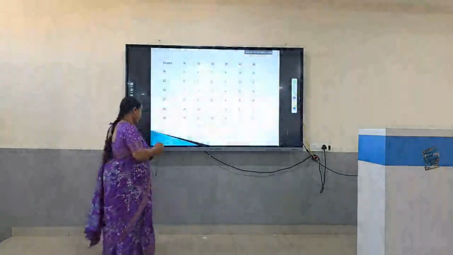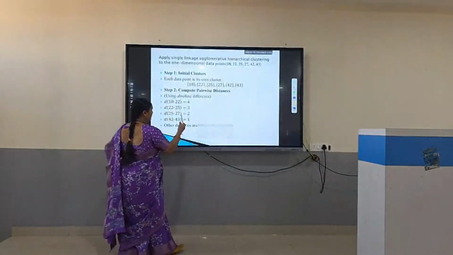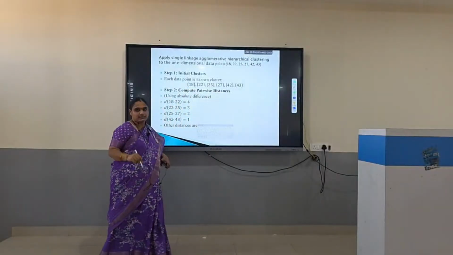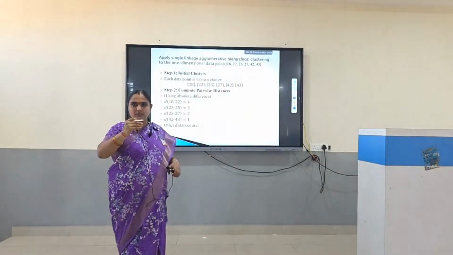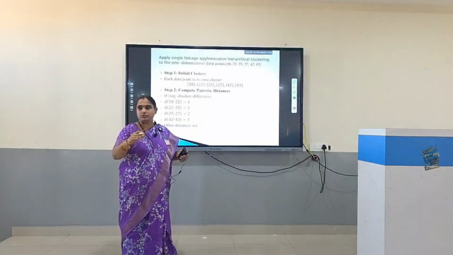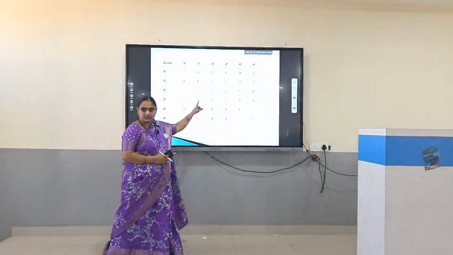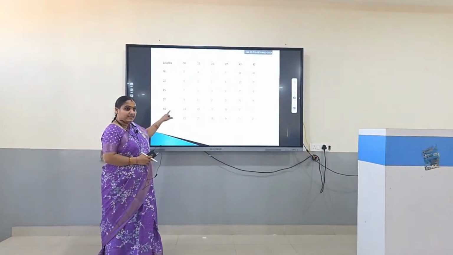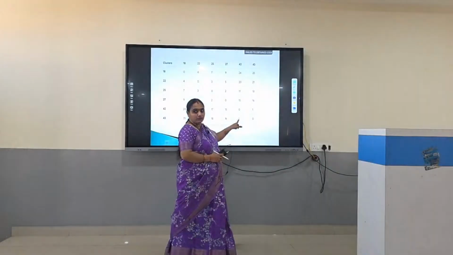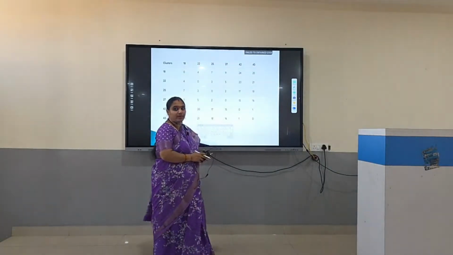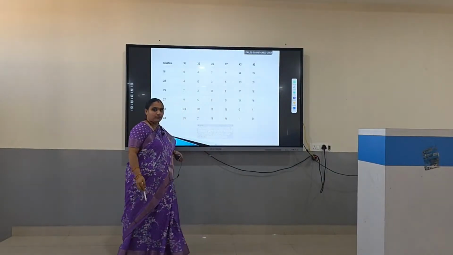These all are individual clusters. At last, all together you can take it as one cluster. How can you cluster it? For that also you need to follow some procedure. You can't do as you wish. For that, we need to find the first distance matrix. When it is a single linkage, you go with the minimum value of these two. Which one is the minimum value? 40 to 43.